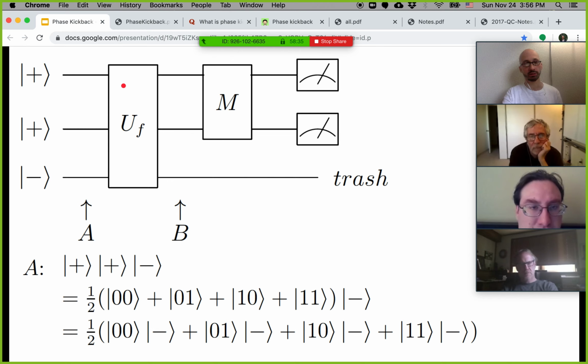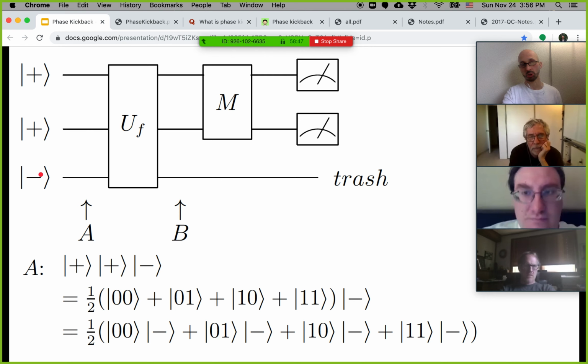And the target qubit is an eigenvector of our U operation, which is not. We are doing a controlled not operation, and minus is an eigenstate, eigenvector of not.